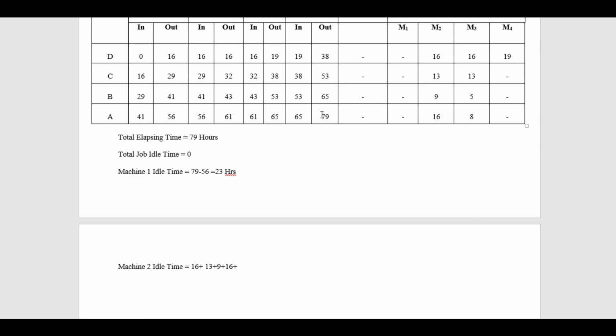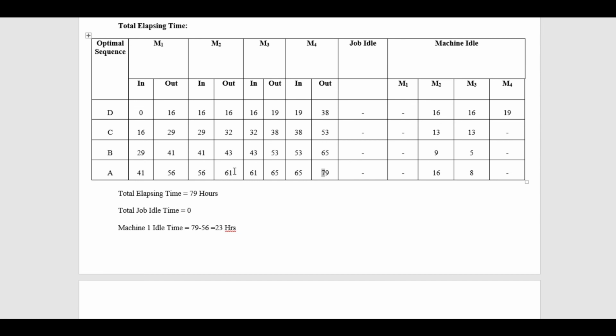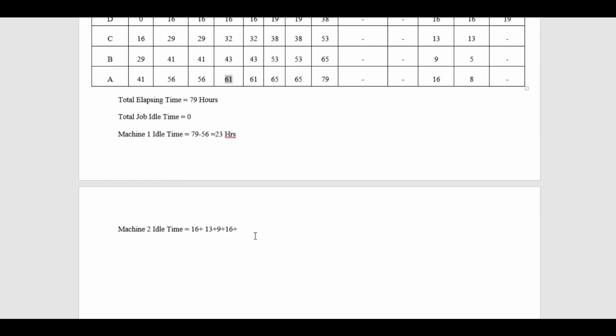So the cycle time is 79 hours, but machine 2 completed all its processing at the 61st hour. So we have to calculate 79 minus 61. So this is the idle time for machine 2. So this will be 16 plus 13, 29. So the second machine idle time will be 47 hours.